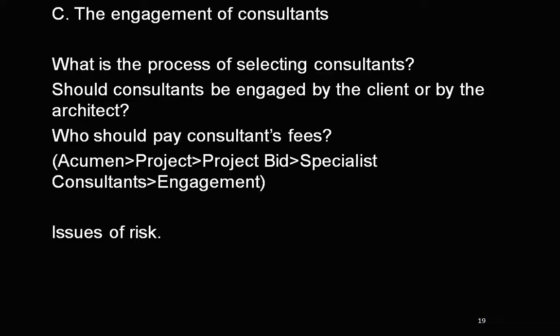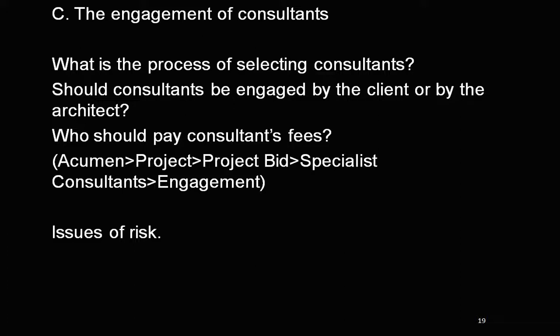So I think it's important when a client has a certain consultant they want to use that the architect makes sure that they are happy to work with that particular consultant. The architect then needs to make sure that they are the right kind of consultants, they have the right skills, they have the right infrastructure in order to deliver the consultancy and so on and so forth.